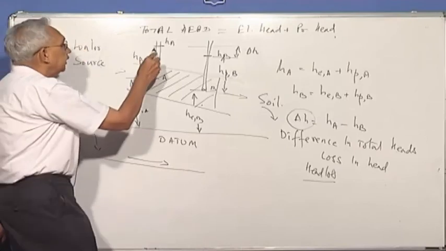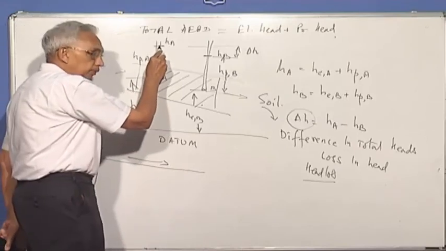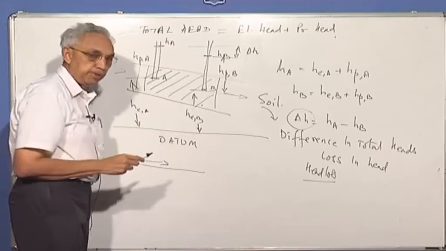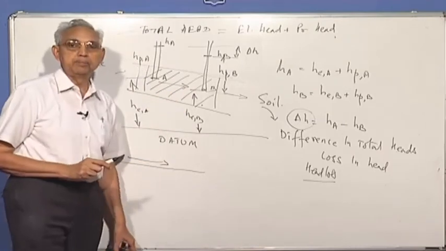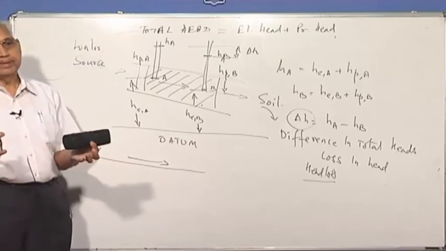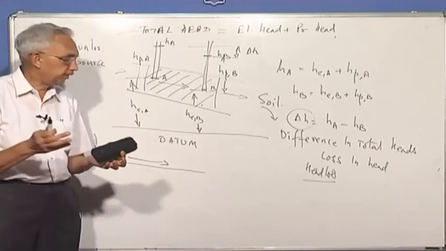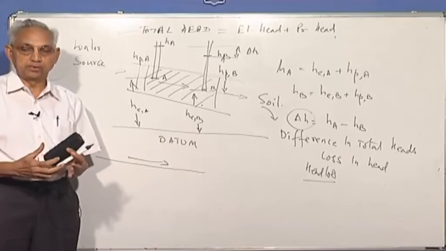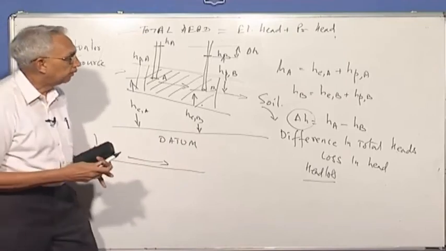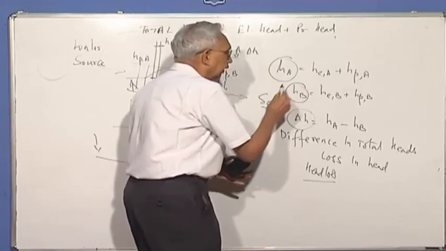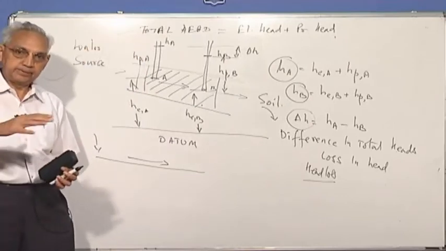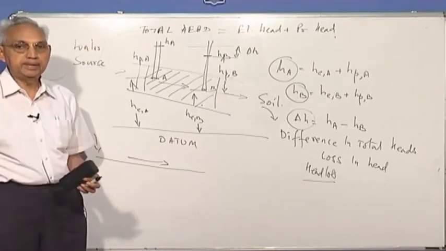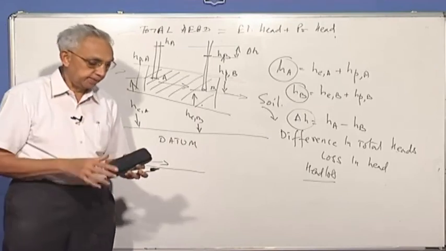So you can see that the head here is more at point A, the head at point B is less, so the flow will be from point A to point B. This is the basic principle in fluid mechanics, hydraulics, or in soils. So please remember, always look at the total head. And if the total head decreases, the flow will be in the direction in which the head is decreasing.